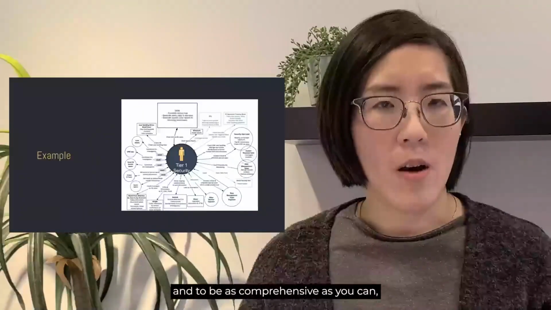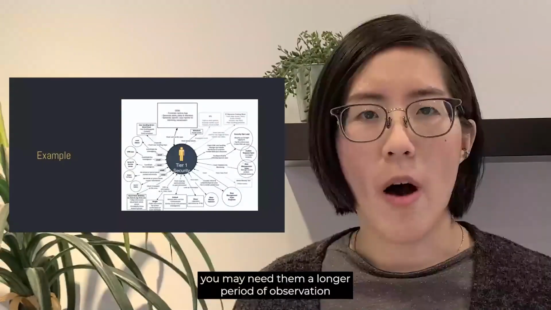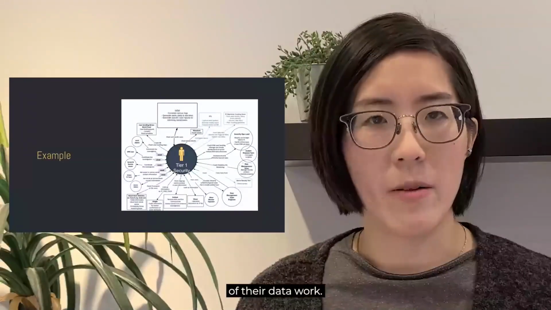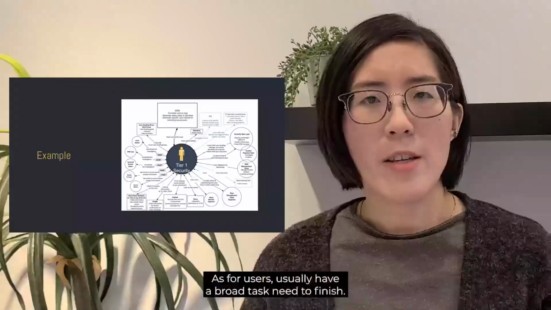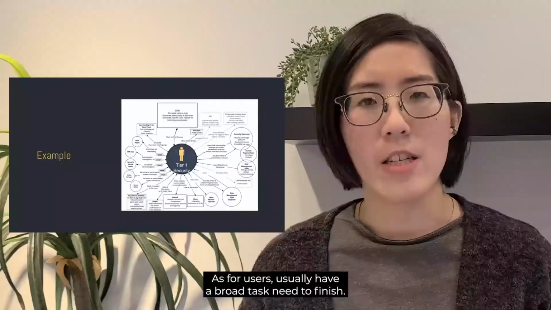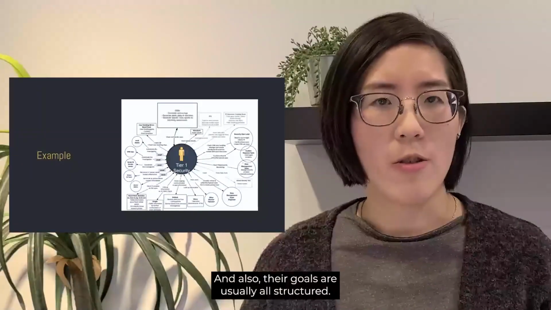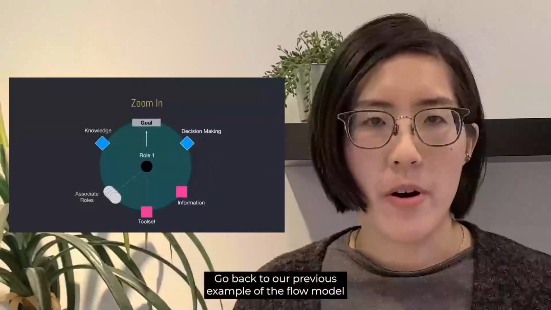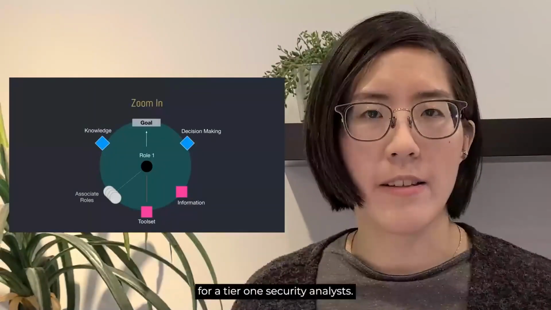To be as comprehensive as you can, you may need a longer period of observation of their daily work, since in complex applications, expert users usually have broad tasks to finish, and their goals are usually unstructured.